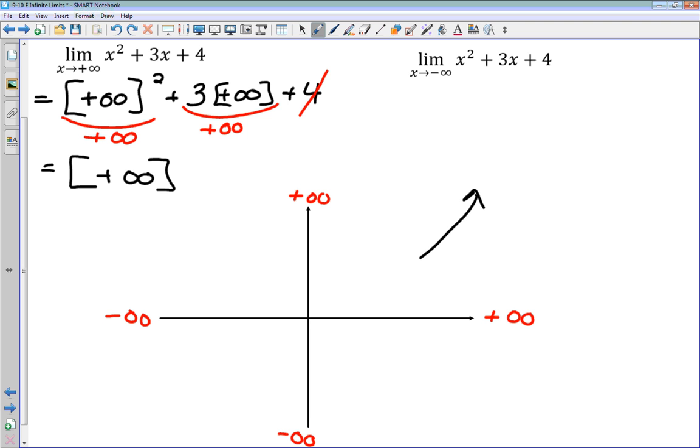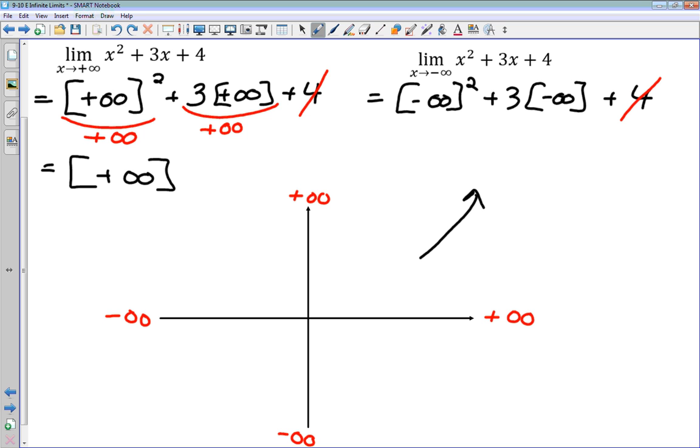Well, what if we're interested in what happens as we go the other way, if x is going towards negative infinity? Well, again, we can imagine what happens if we think about putting negative infinity into our function here. We get negative infinity squared plus 3 times negative infinity plus 4. Once again, we ignore our poor old 4 because it's not going to tell us much compared to our infinities.